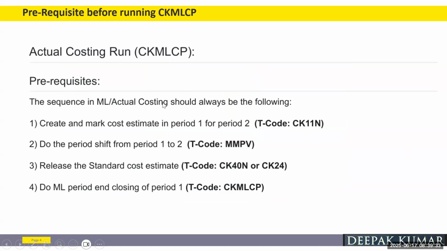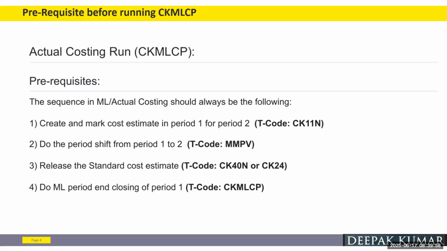So the sequence should be: first, standard costing should be released after doing all the configuration for the whole year. Then when we are starting ML closing, we should shift the period from period 1 to 2. For example, we are in June, so June period should be open and May also should be open.